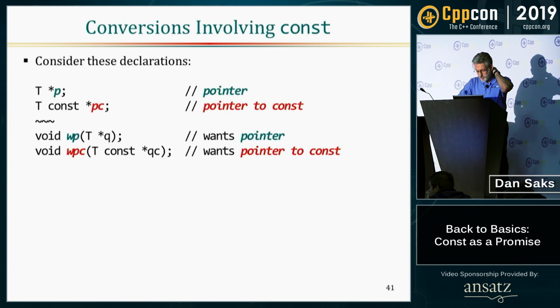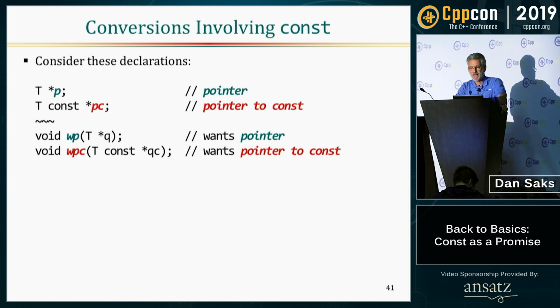So now let's look at some conversion rules, and this is really the heart of our discussion. All of that syntactic stuff was leading up to this, which is the real substance. So here what we have is a pointer p, a pointer to non-const, and a pointer pc, which is a pointer to const.